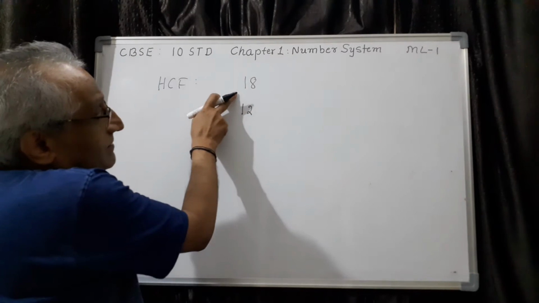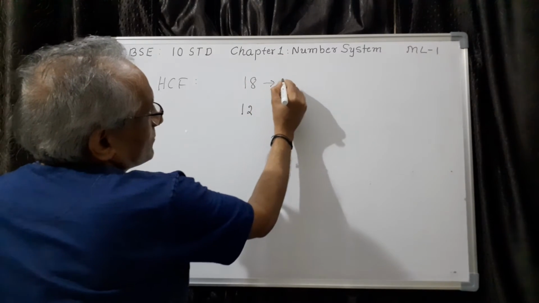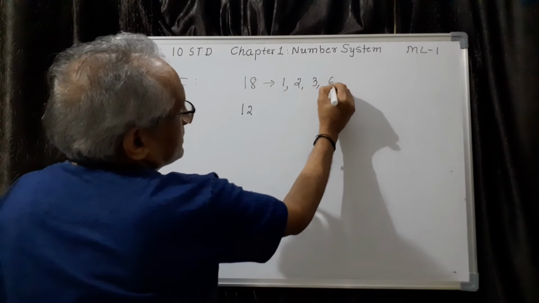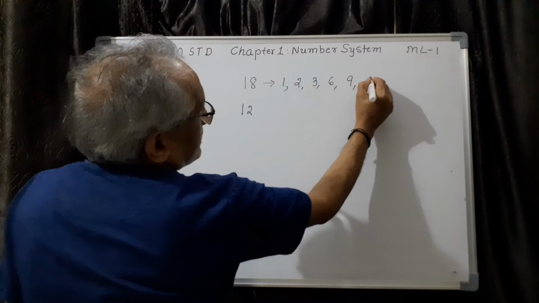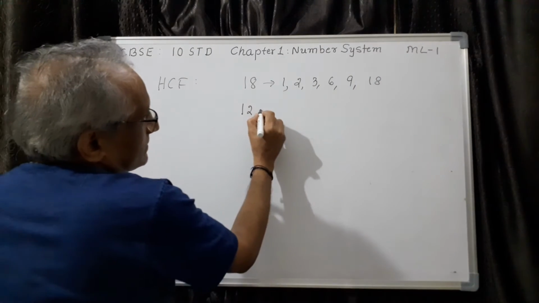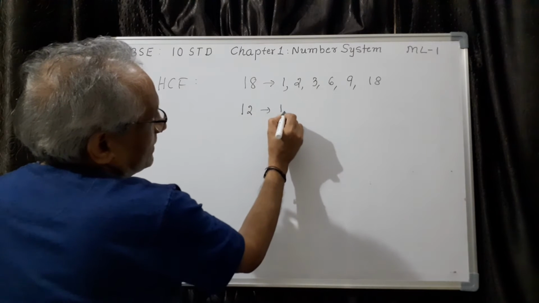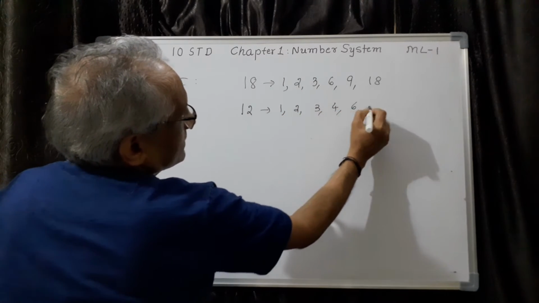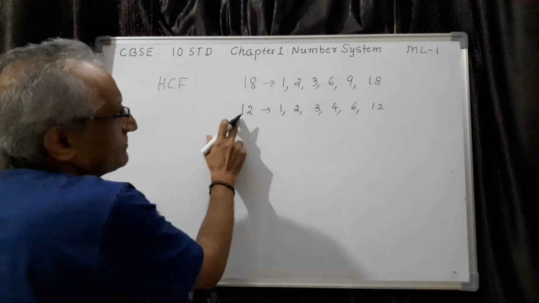The factors of 18: 1, 2, 3, 6, 9, 18. Similarly, the factors of 12 are 1, 2, 3, 4, 6, 12.